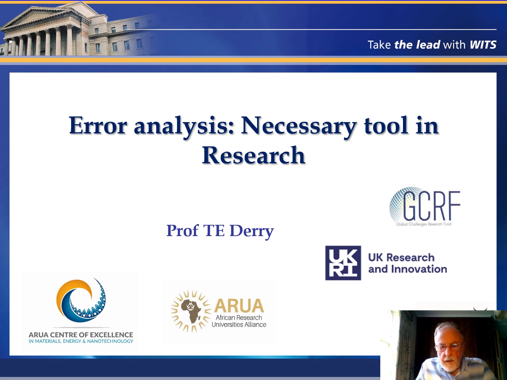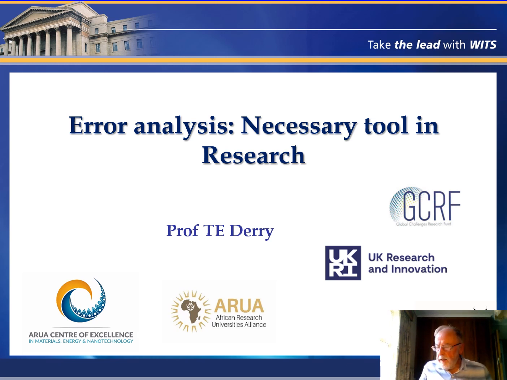I'm Professor Derry, and I'm going to give a little talk to you about the reporting of experimental errors in research, in reports of research, papers about research, and so on. The first thing to be quite emphatic about is that these experimental errors are not your mistakes.